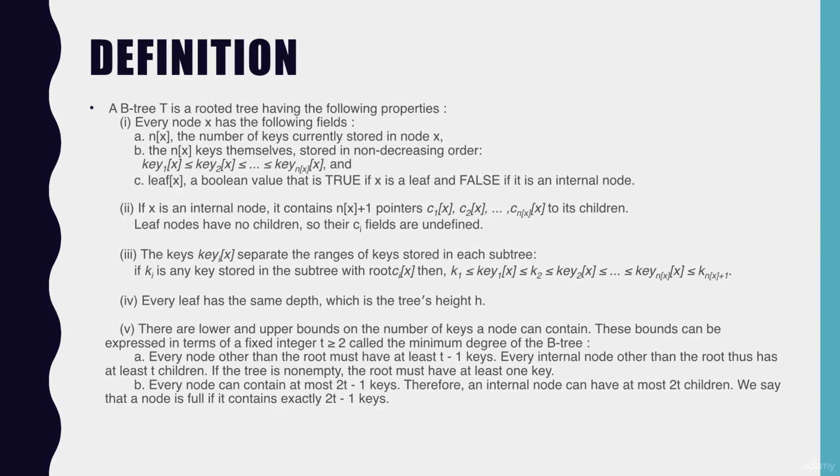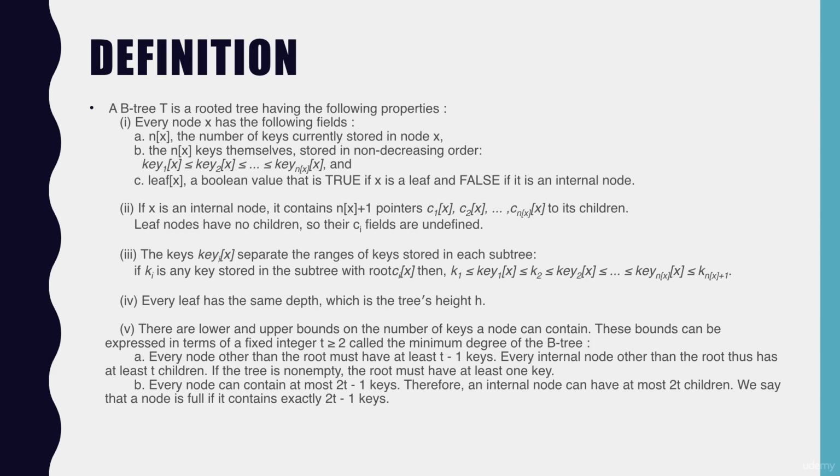If x is an internal node, it contains n[x] plus 1 pointers, hence c1[x], c2[x], and so on up to c n[x]+1[x] are children. Leaf nodes have no children, so their c fields are undefined. The keys key i[x] separate the ranges of keys stored in each subtree.